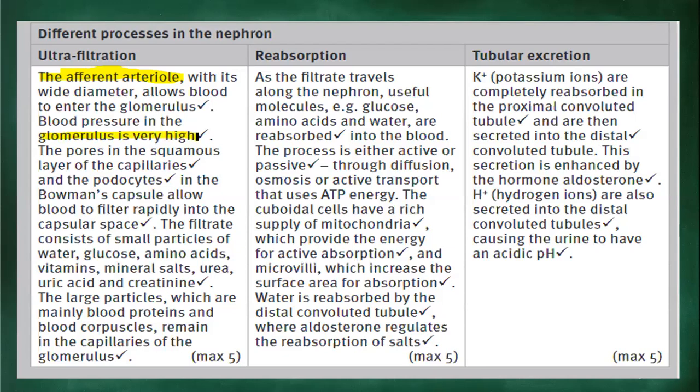Why is blood pressure in the glomerulus very high? Tell me the answer. I remember I explained why the blood pressure is high. Who remembers that explanation? It has to do with the afferent and efferent arteriole.